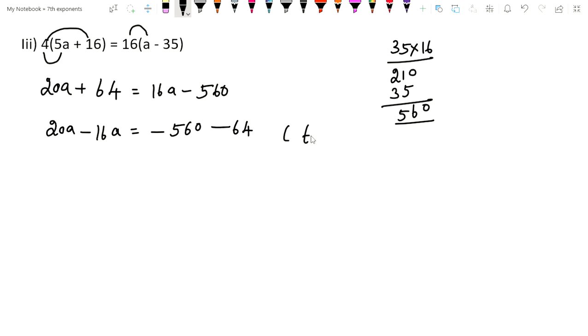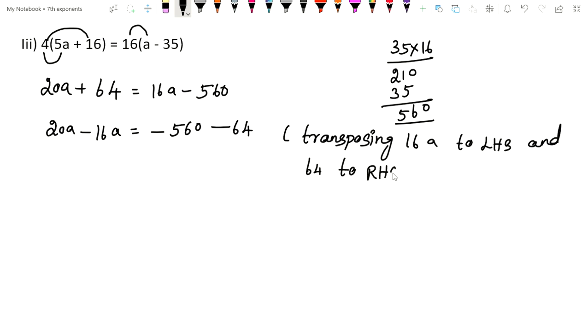So what we did here is transposing 16a to LHS and 64 to RHS. 20a minus 16a is 4a. What will you get, children? 4a equal to, both are the same sign, so just add it. 4, 6 plus 6, 12, 2 remaining 1, 1 plus 5, 6. So minus 624. Next, a equal to minus 624 by 4.